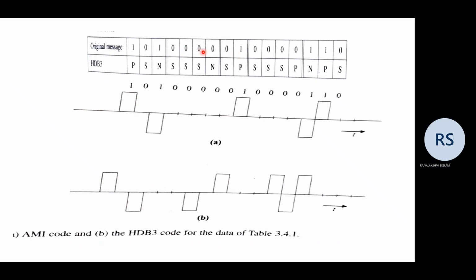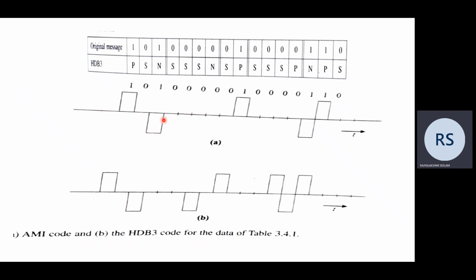101000001 0000110. So here, for 1, this is the original message, and here this is AMI. If we consider 1 as positive and 0 as space, then for the next 1 it is negative, and for the zeros we have 1, 2, 3, 4, 5 spaces here.